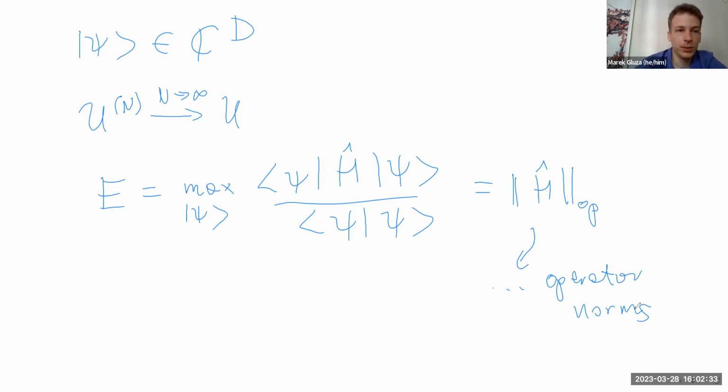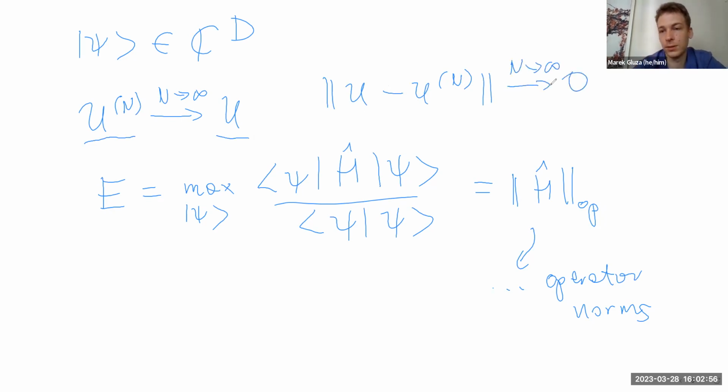And now I want to motivate what it would mean to take a norm of what we believe would be a limit unitary. For example, we would say that a sequence of unitaries U_n converges to U if the norm of the difference converges to 0 as n goes to infinity. That's kind of a natural definition, right?